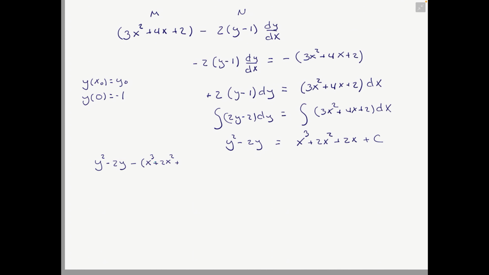So if we bring this across, we have a big, long quadratic equation: y squared minus 2y minus x cubed plus 2x squared plus 2x minus or plus c equals 0.